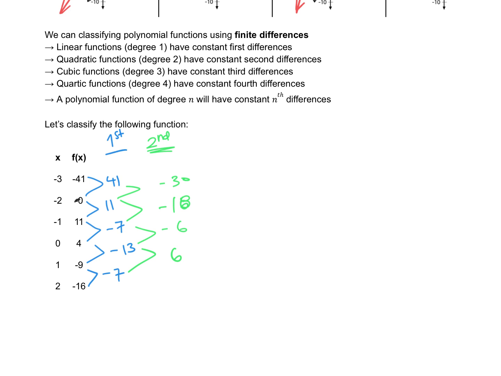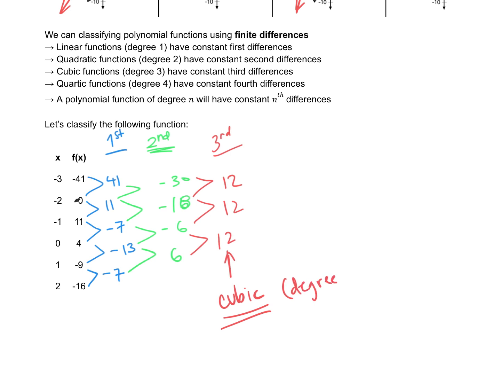These are not the same number. It's not quadratic, so I'm going to go to my third differences. 6 subtract negative 6 is 12. Negative 6 subtract negative 18 is also 12. And negative 18 subtract negative 30 is also 12. The third differences are constant. So this is a cubic function or a polynomial with the degree of 3.